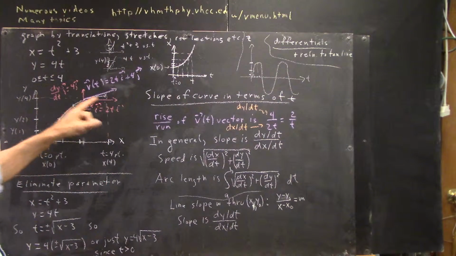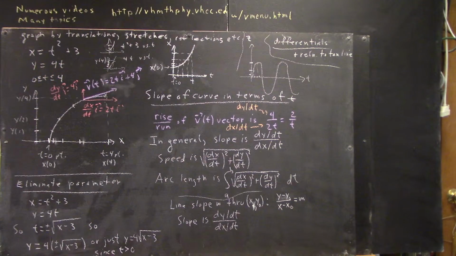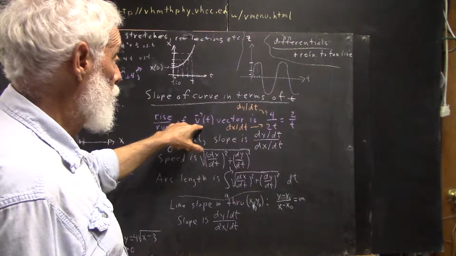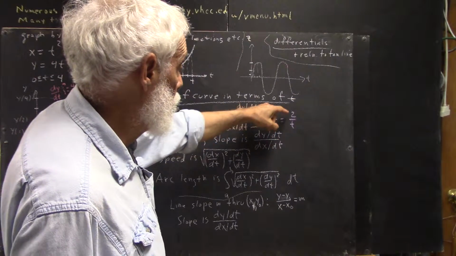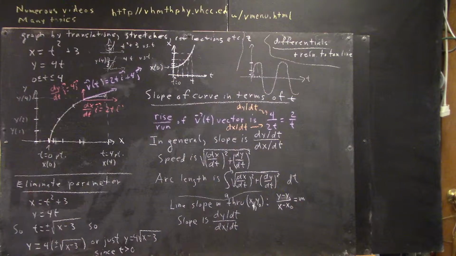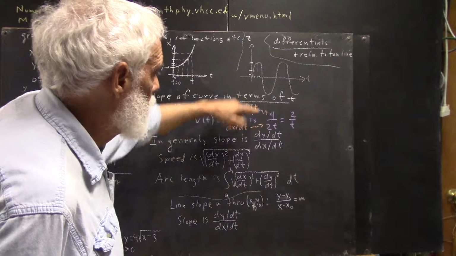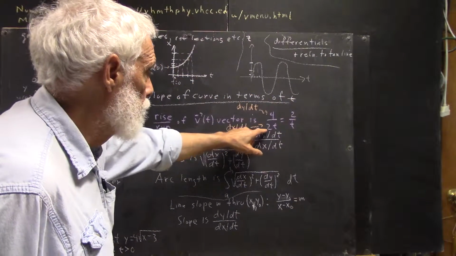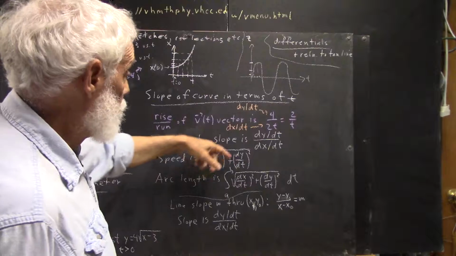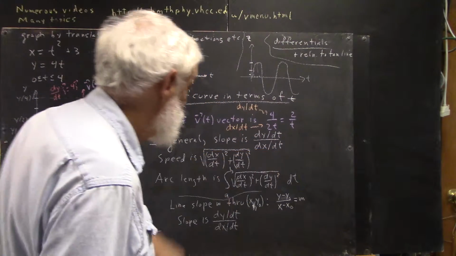This vector has a rise of 4j, has a run of 2t i. So the rise over the run of this vector is 4 over 2t, which is 2 over t. Okay, that's the slope. And of course, the 4 is just your dy/dt, the 2t is just your dx/dt. So all you're doing here is dividing your dy/dt by your dx/dt.